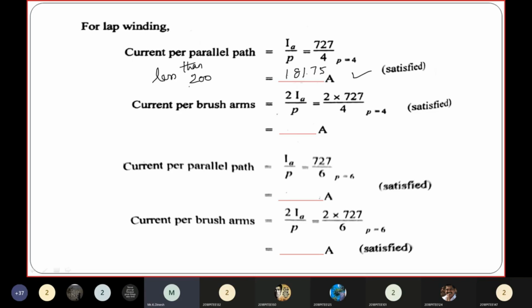Next, current per brush arm is 2 IA by P. 2 into 727 divided by 4. So 363.5.